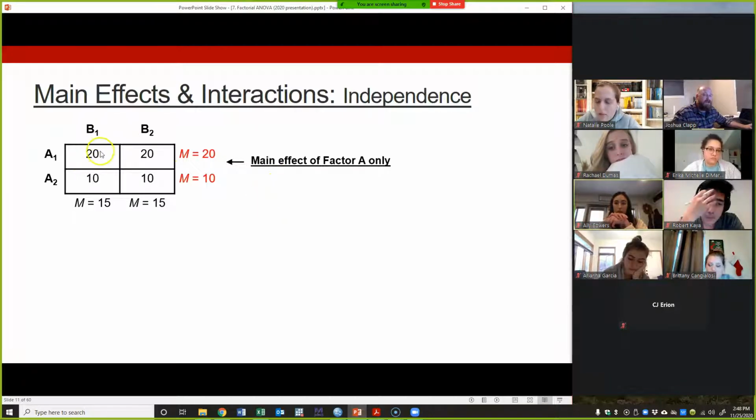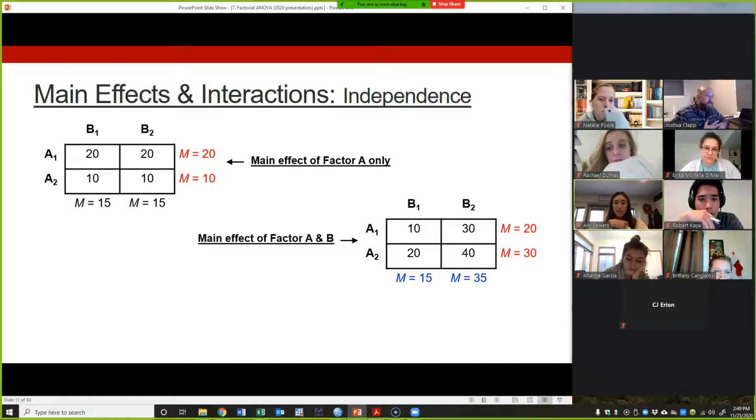So at A1, B1 and B2 are equal. At A2, B1 and B2 are equal. At B1, A1 is 10 points higher than A2. At B2, A1 is 10 points higher than A2. So no interactions, just a main effect of factor A alone. Okay, people seeing this?